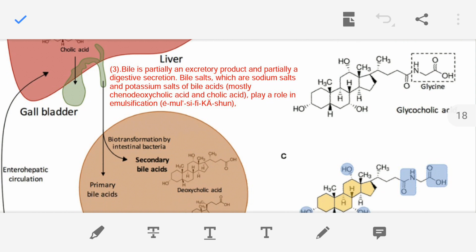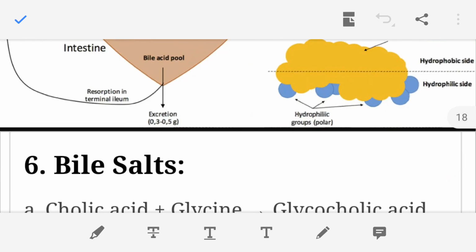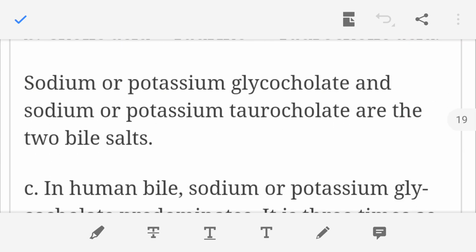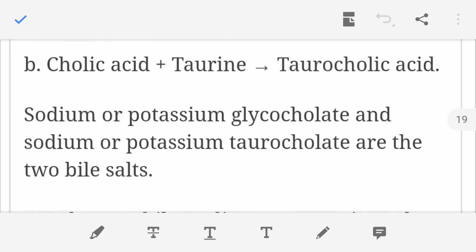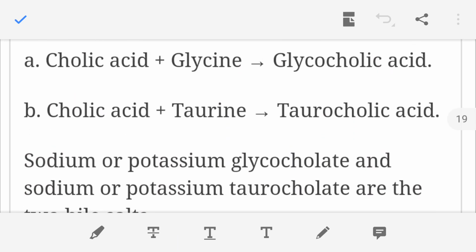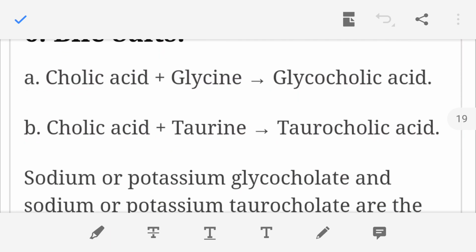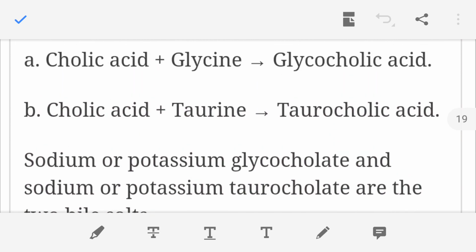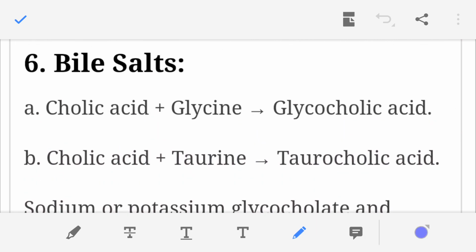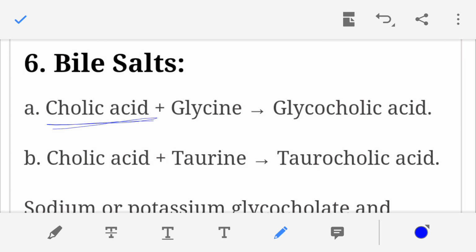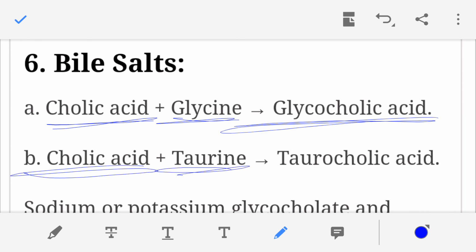We are discussing this structure of bile salt after a few theory points. Now moving on to the fourth point. So I have shown you this. See, bile salt: cholic acid plus glycine gives glycocholic acid, cholic acid plus taurine gives taurocholic acid.